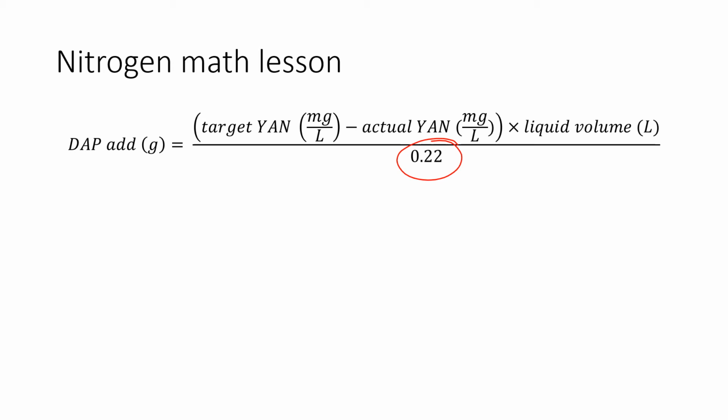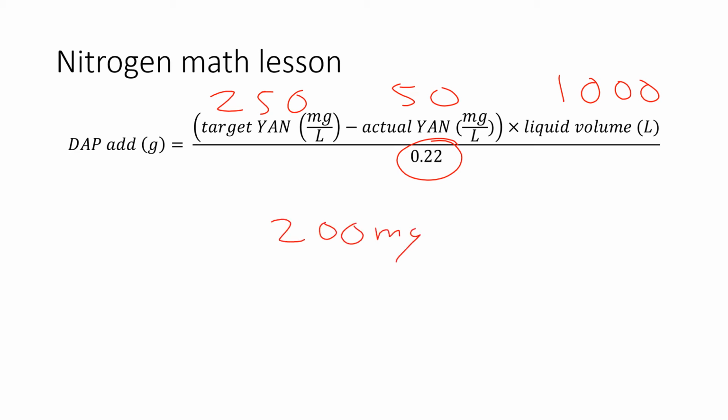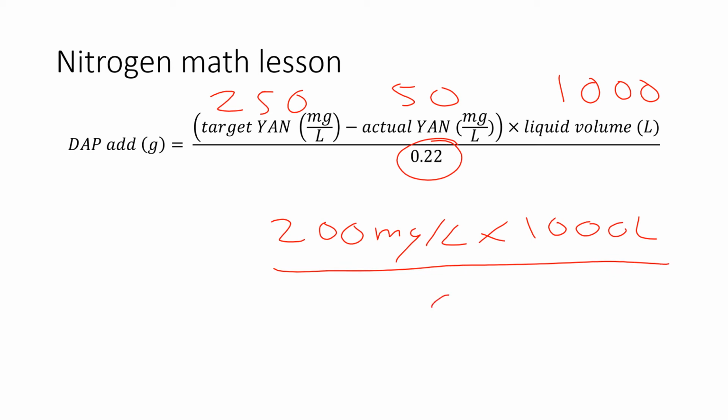So let's imagine that we have a target value, let's do 250. And our actual YAN is 50, which is unfortunately common here in Washington. And to make it easier for ourselves again, let's say that we have 1,000 liters. So then 250 minus 50, that'll be 200 milligrams per liter times 1,000 liters, all over 0.22.